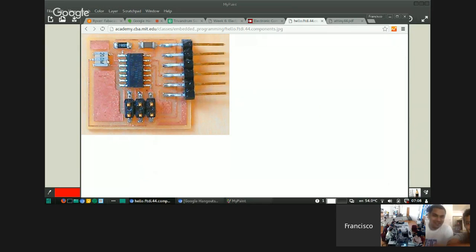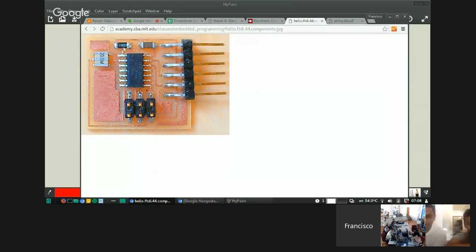Yeah, so the question was why is the capacitor there? I understand why the resistor is there, but why is the capacitor there?